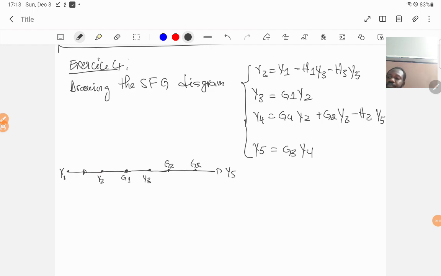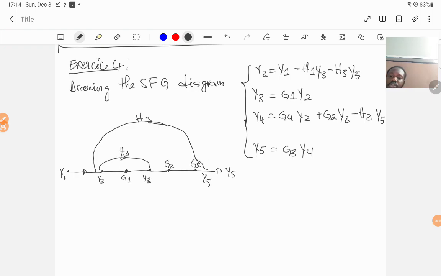Depending on this information, h1 is between y2 and y3, so we have h1 in here, and h3 is between y2 and y5. Let's put y5 in here.